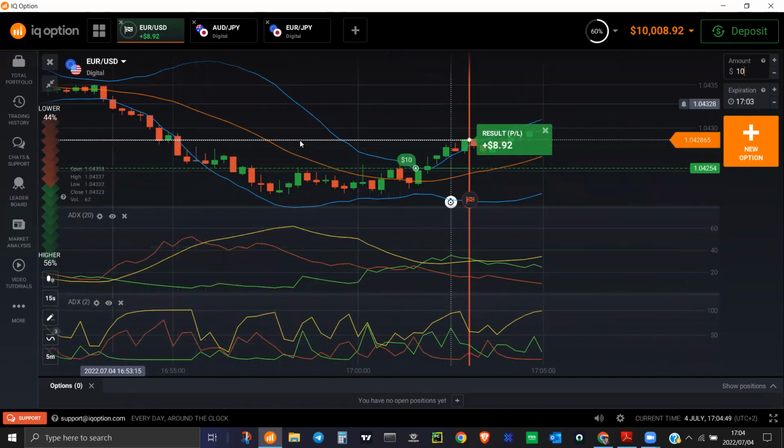So since this is a buy trade, I'm going to start with the buy signal. So the first thing you look at is the ADX 20, this 20 period ADX. What you want to see from the 20 period ADX is the ADX line, which is yellow in this case, coming from underneath both the red line and the green line, right?